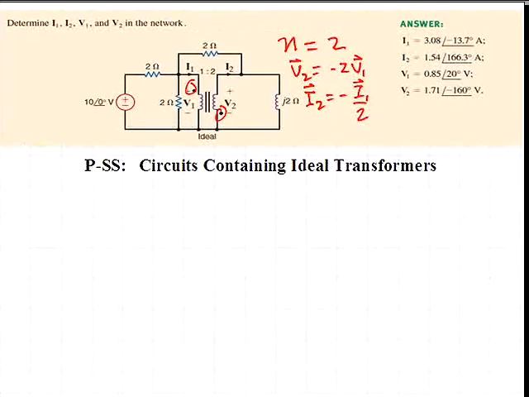We'll begin by analyzing the circuit using node equations to solve for the voltages V1 and V2. We'll choose as a reference node the bottom of the circuit here.